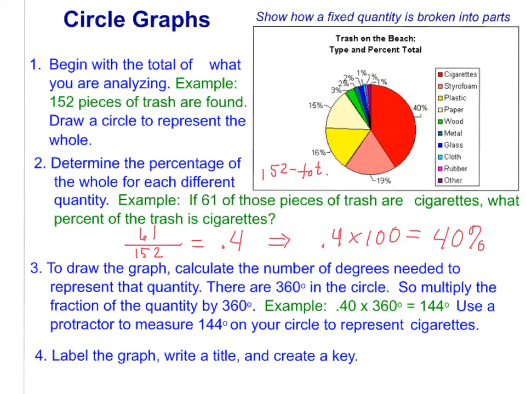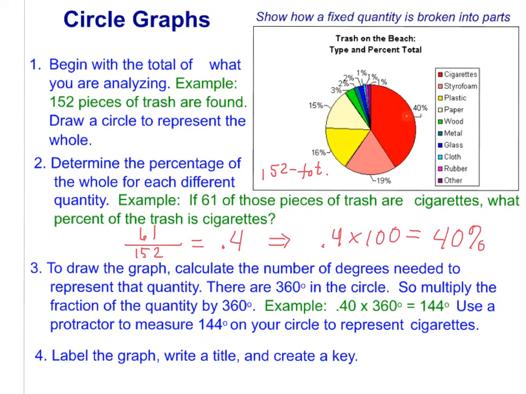If I take my fraction, the 0.4 number before I turned it into the percent, 0.4 times 360 degrees is going to give me 144 degrees. So I would take my protractor, lay it down on my pie graph, and mark off 144 degrees, and I would draw that in, color that in. That is going to represent 40%.